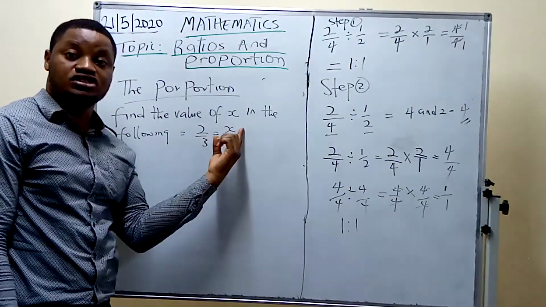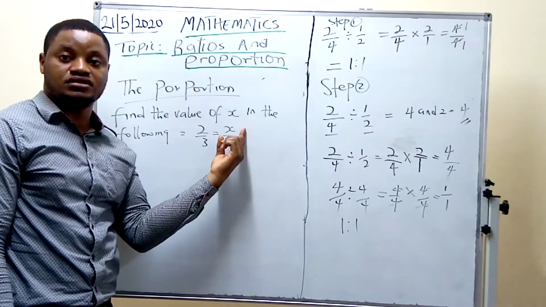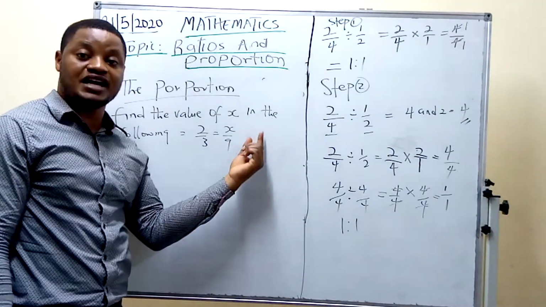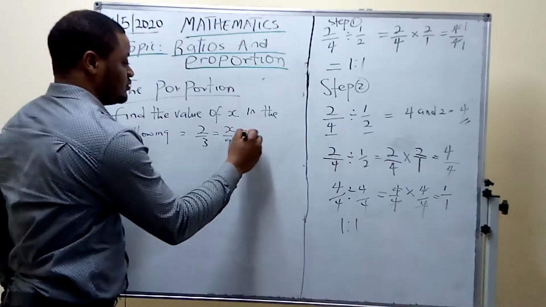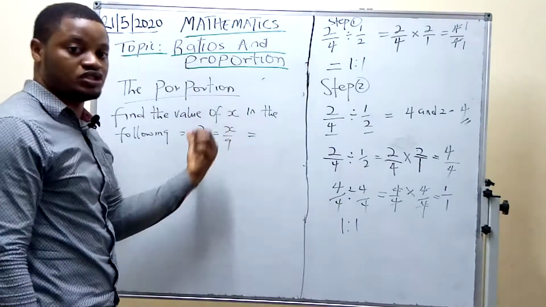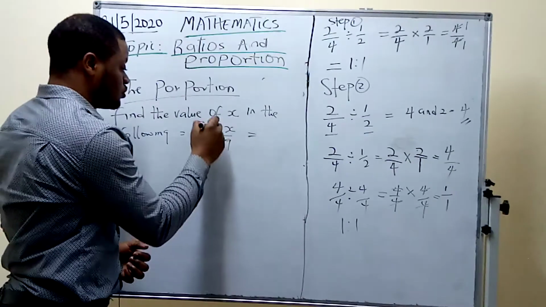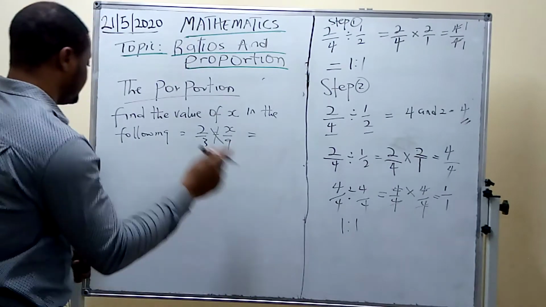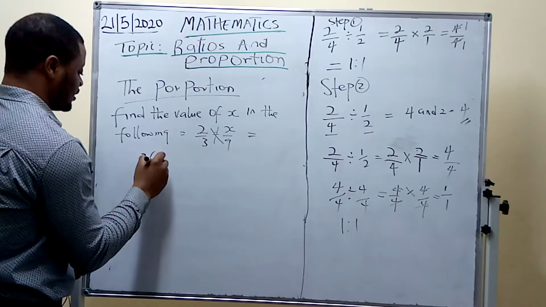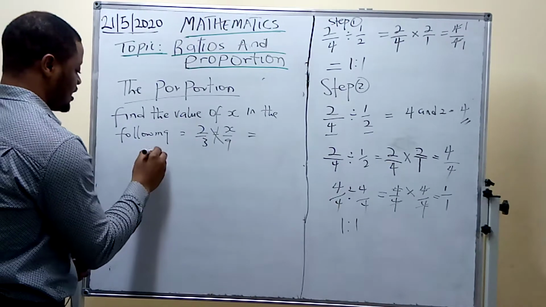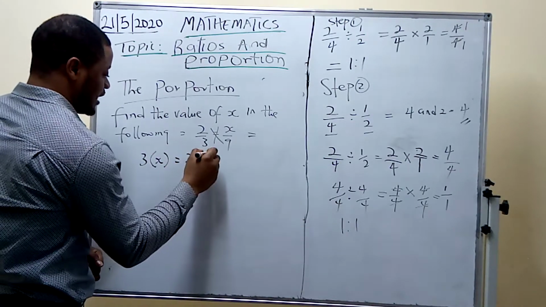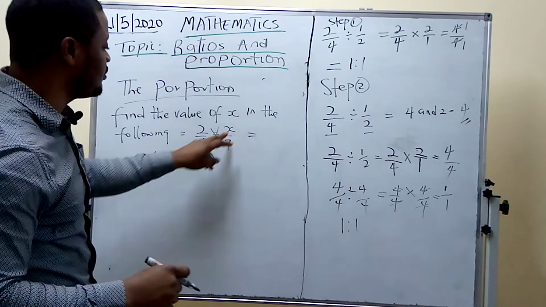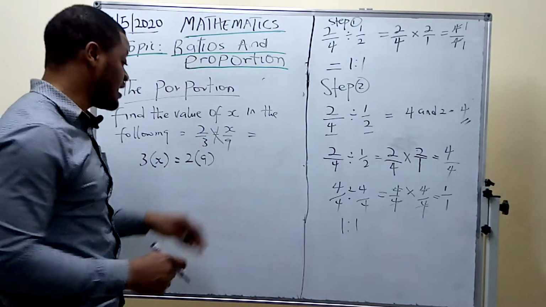The value of x is not given in this, so you have to find the value. Now, how do we do that? You cross multiply. You cross multiply. And this 3 bracket x and 2 bracket 9.